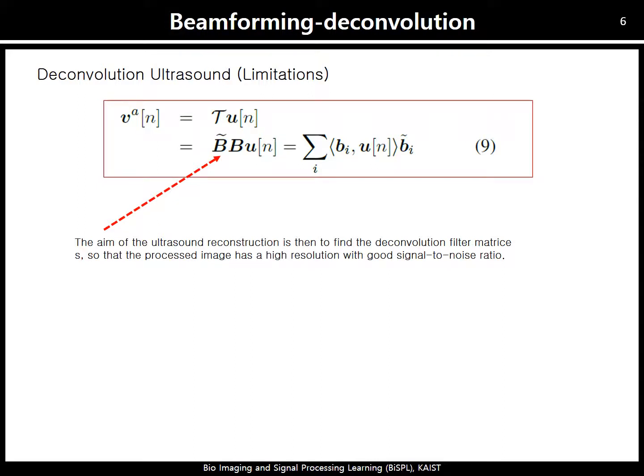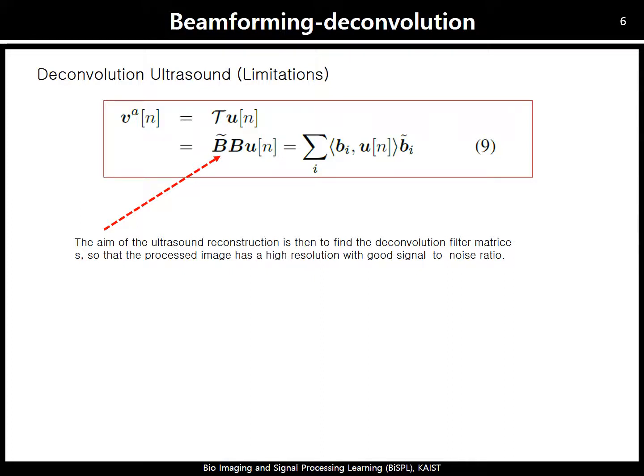Now, the aim of ultrasound reconstruction is then to find the deconvolution filter matrices so that the processed image has high resolution with good quality in terms of the contrast, or in other words, the signal to noise ratio. In practice, the estimation of tau in equation 9 is technically challenging, and therefore we need to find some way to solve this.